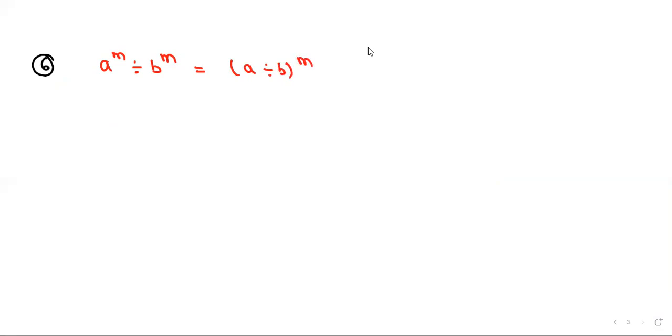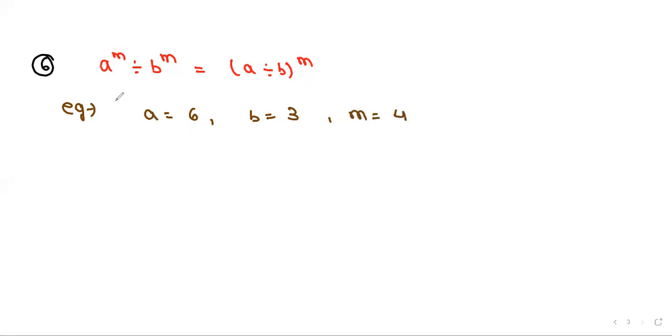Let us understand this also with the help of an example. Here also a and b should be different. Let us take a as 6 and b as 3 and the power m as 4. You can take any numbers.